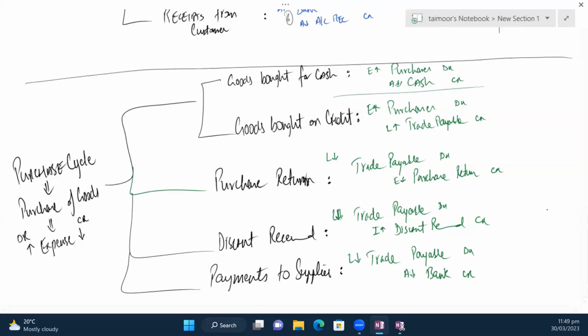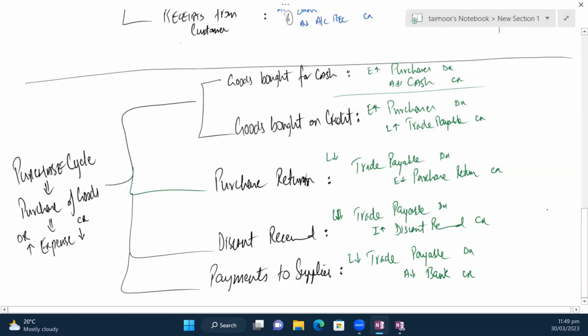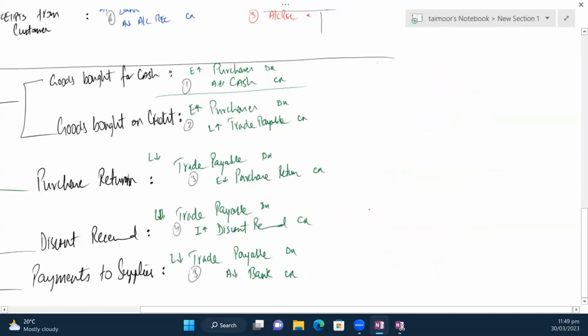Okay, so let's just mark them as number 1, number 2, number 3, 4, and 5. And let's try and make ledger accounts. So the first ledger account will be for purchases. The second account will be for cash or bank.